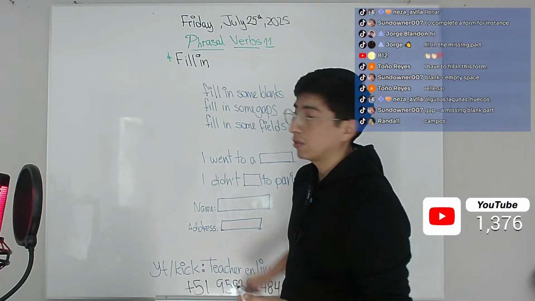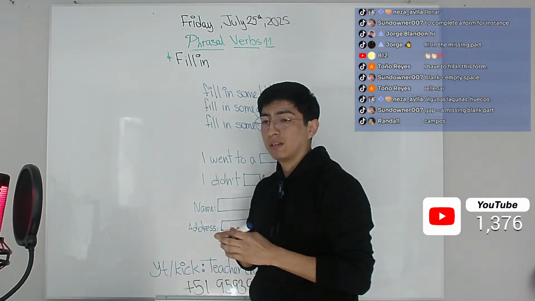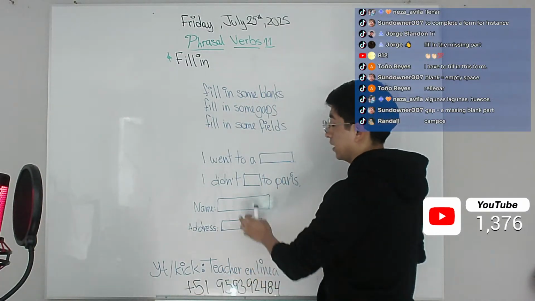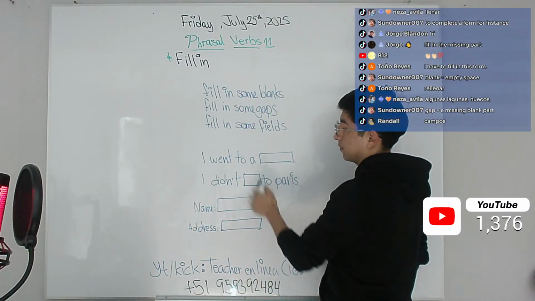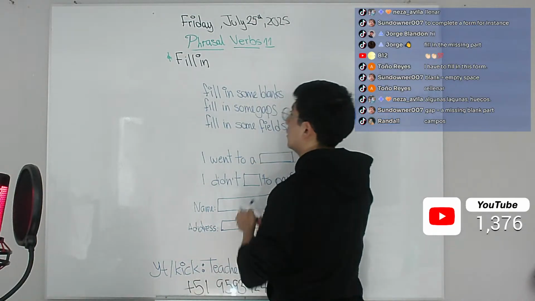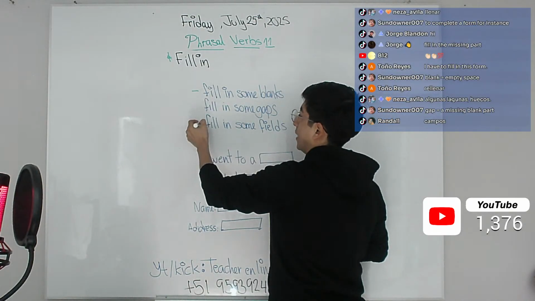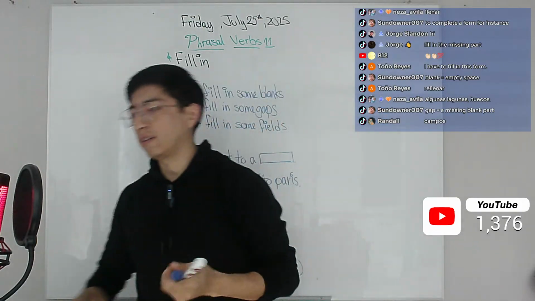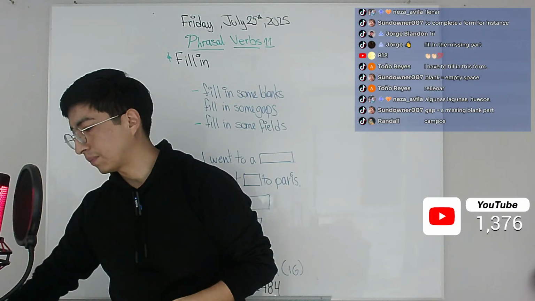We can also call fields for digital documents. Yes, we use this a lot too. These are blanks for quizzes, for exams, and fields are for documents like forms and things like that.